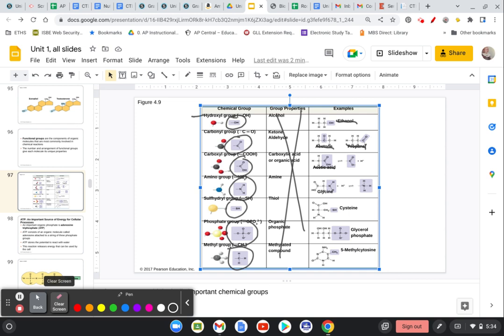So if I gave you OH, you could say that's hydroxyl. Or if I gave you SH, you would know that was sulfhydryl. That's the extent of the quiz, and knowing those functional groups will be important because later I'm going to give you chemical compounds to identify, and if you don't know the functional groups, you won't be able to identify those.